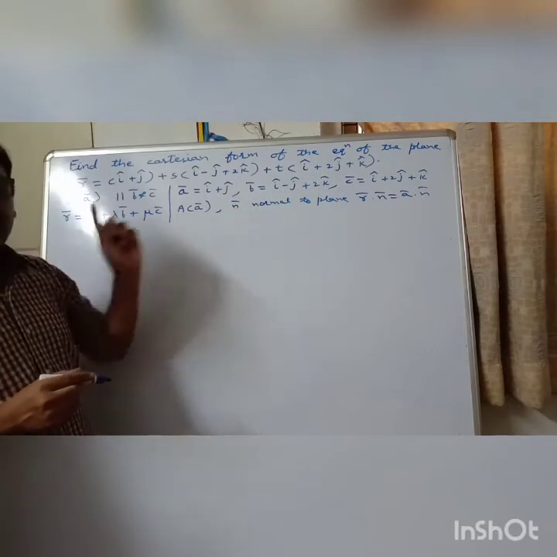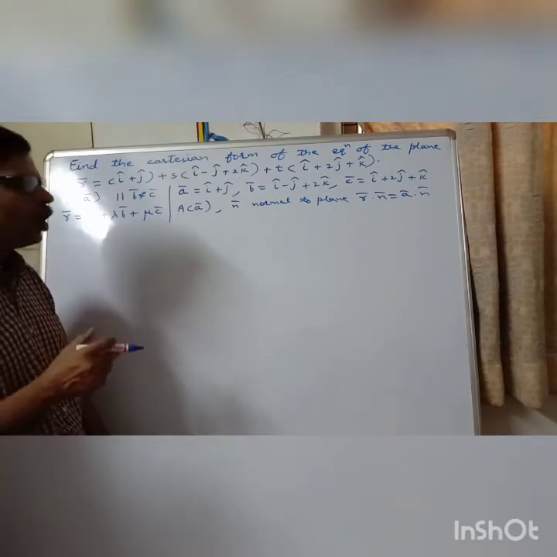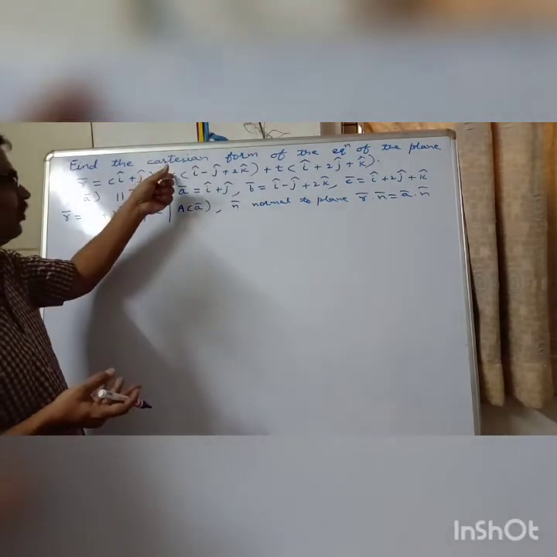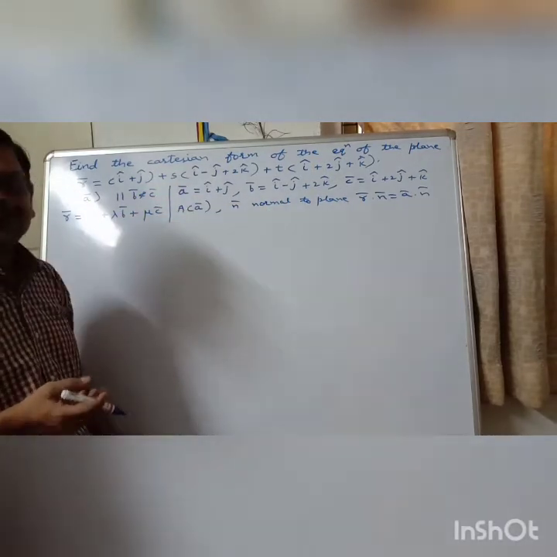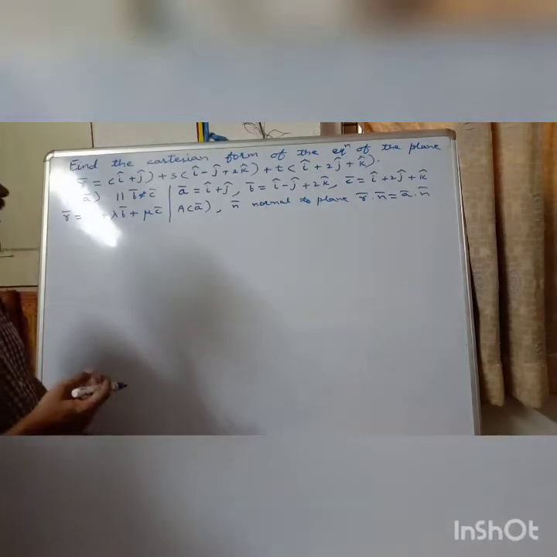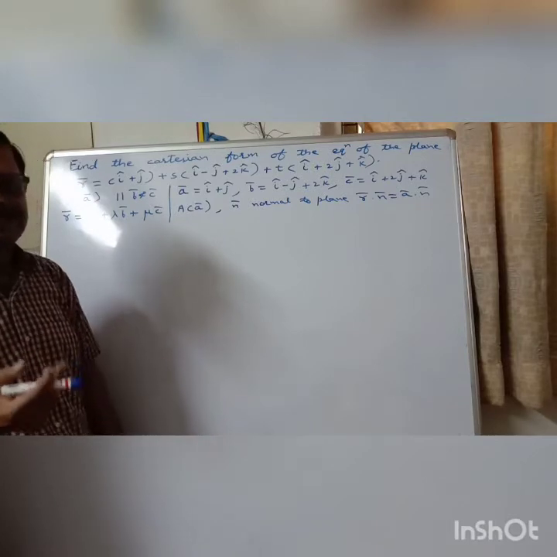This is equation of plane in non-parametric form or scalar product form. So first, equation of plane in parametric form we have to convert into scalar product form. After that we can get equation of same plane in Cartesian form.